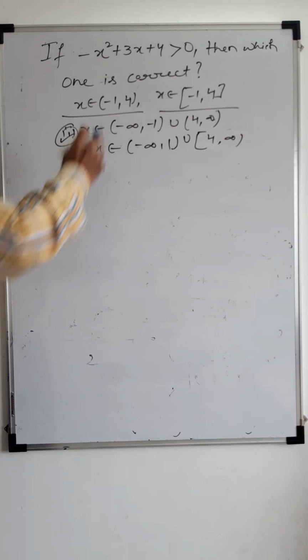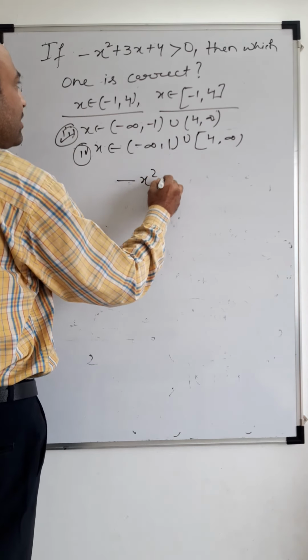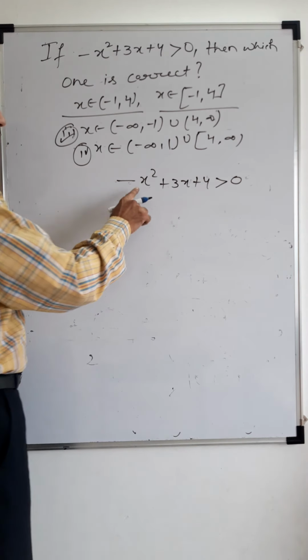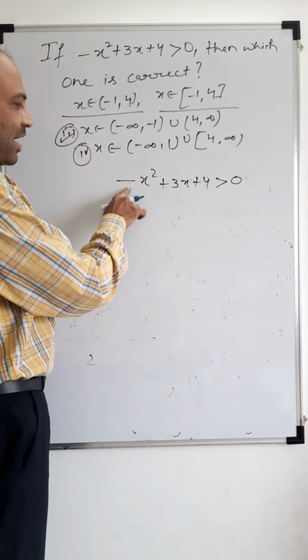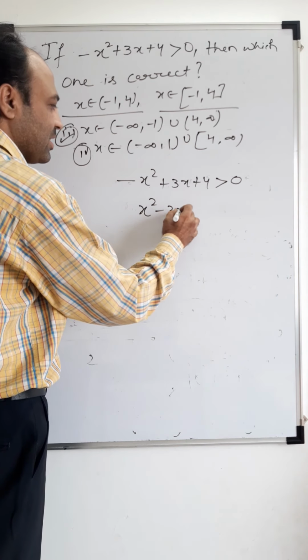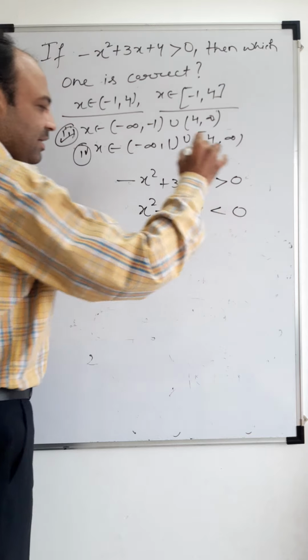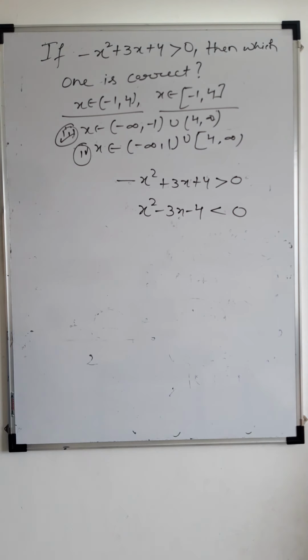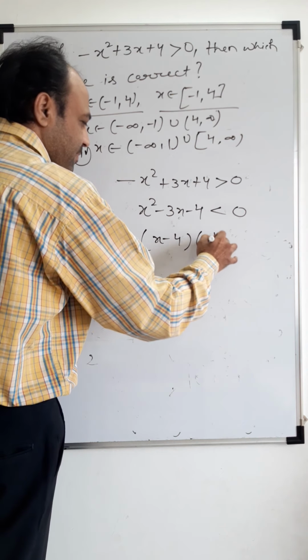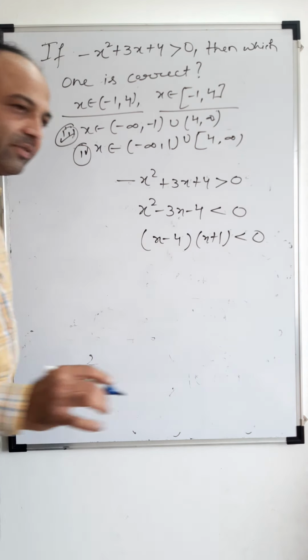So first of all, dear, when we factorize this expression, we have to multiply with minus, because we don't want minus. So when you multiply with minus, this becomes this, correct? The inequality gets reversed. So what is the factor of this? (x minus 4)(x plus 1) less than 0. Fine.